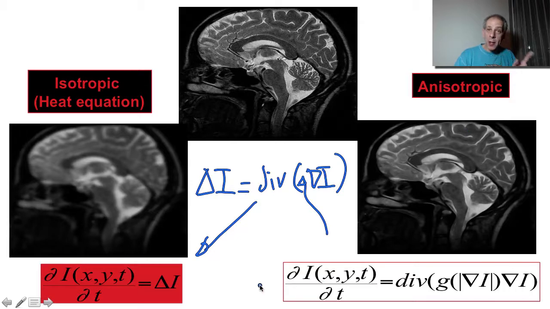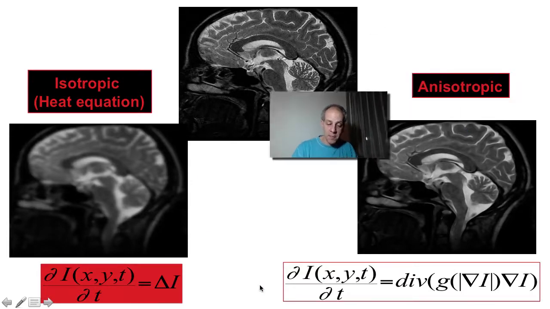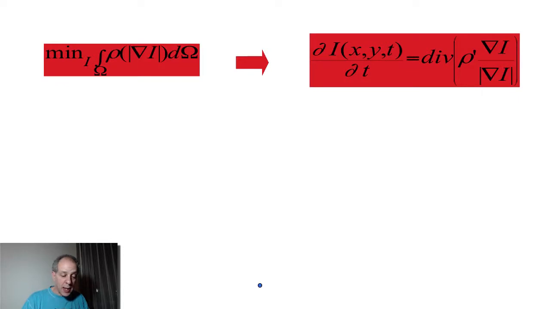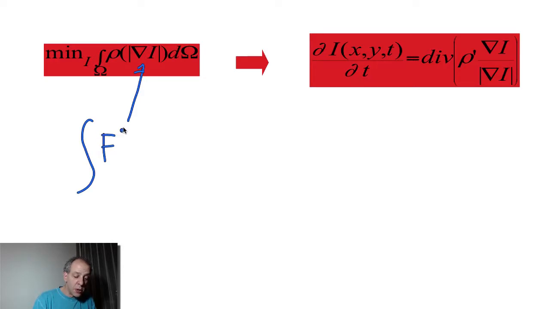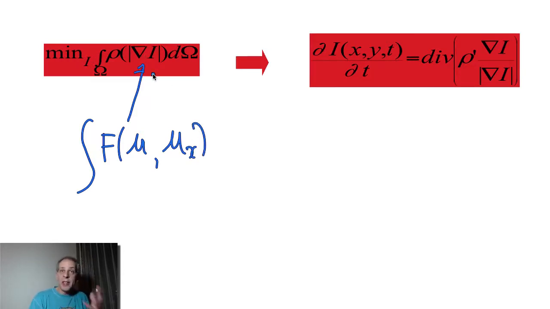These equations are the result of calculus of variations. So if we define any function of the gradient, as we saw last time, where we were taking functions of u or derivatives of u, and the gradient is the derivative of the image, and rho here takes the role of f. So we take any function of the magnitude of the gradient.